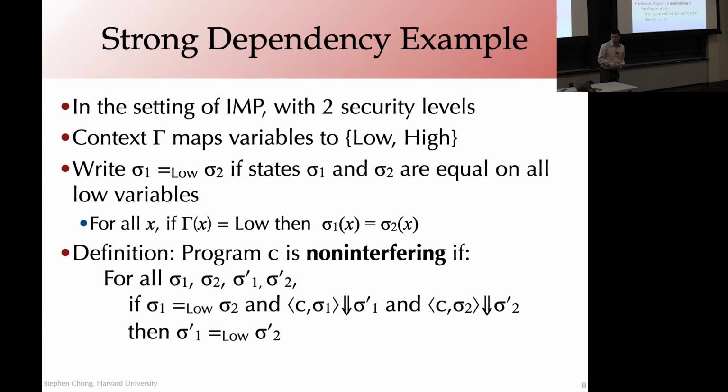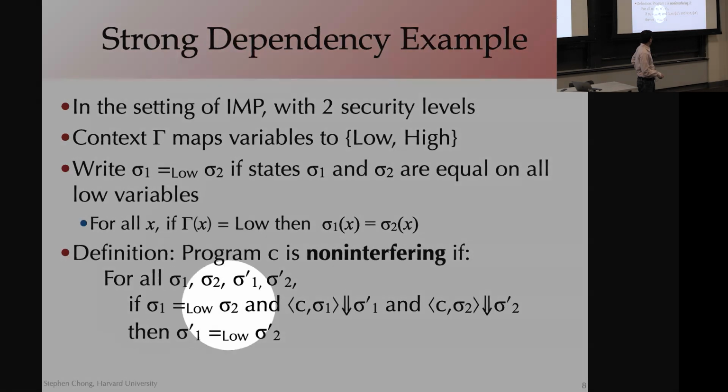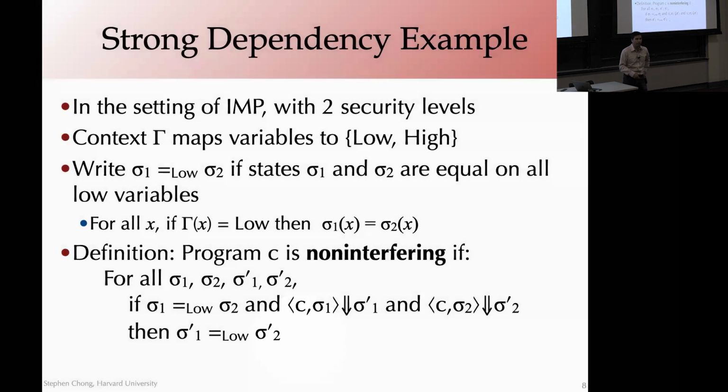So that is, for all stores sigma 1, sigma 2, sigma 1 prime, sigma 2 prime, if sigma 1 and sigma 2 are low equivalent, this is the input to the system, and we have two executions of the program C, terminating with sigma 1 prime and sigma 2 prime respectively, then the low outputs are equivalent. Sigma 1 prime is low equivalent to sigma 2 prime.